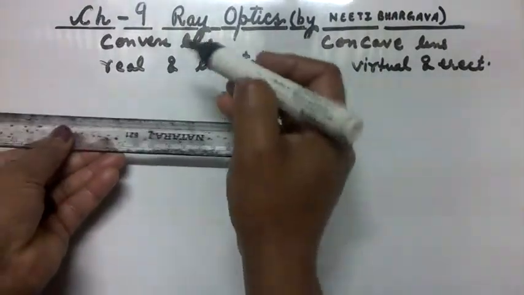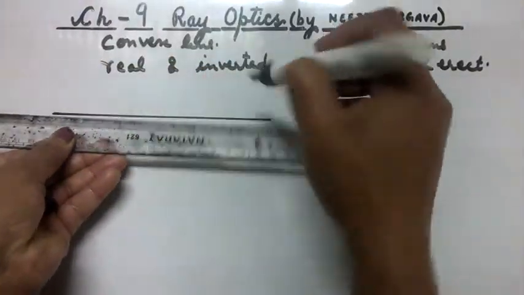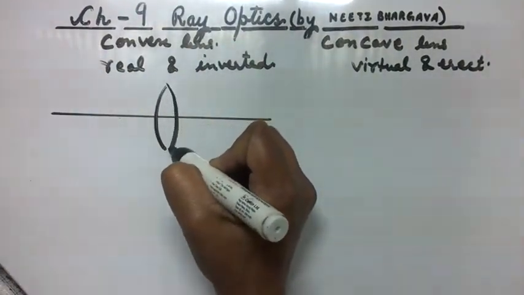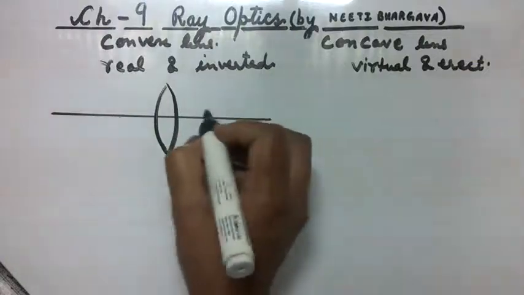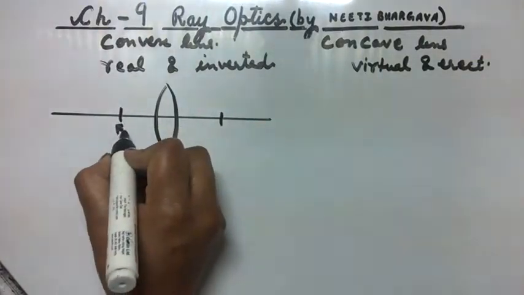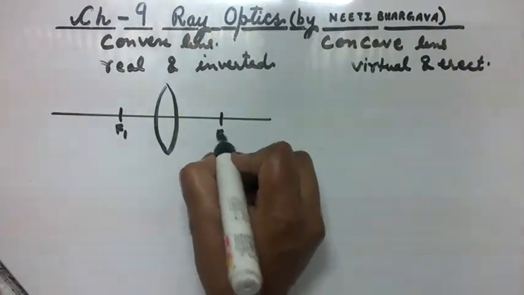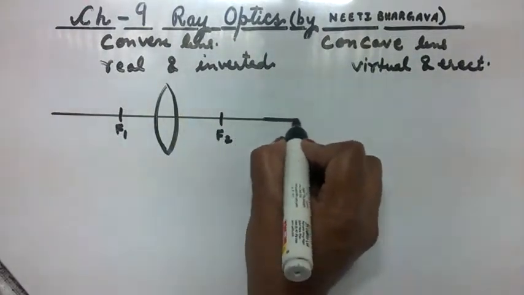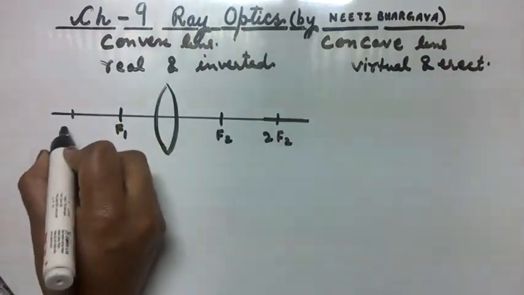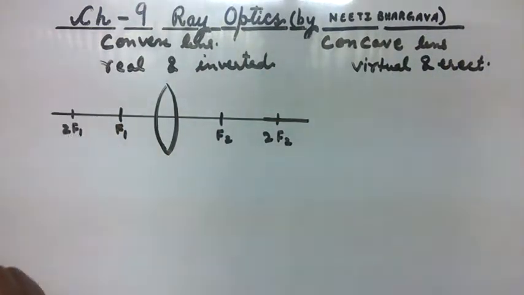So here all the 6 positions of convex lens are: these are the focus points, that is first focus, second focus, twice the focus, that is 2f2. Here it is twice the first focus, that is 2f1.